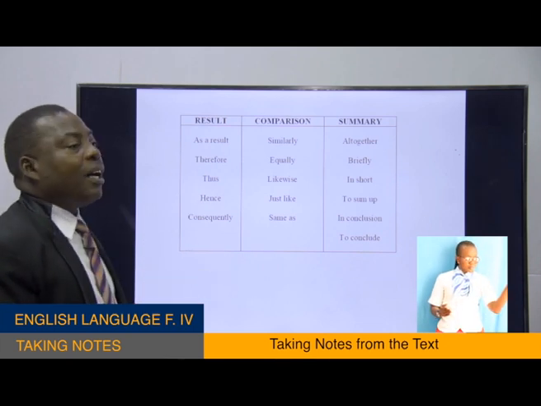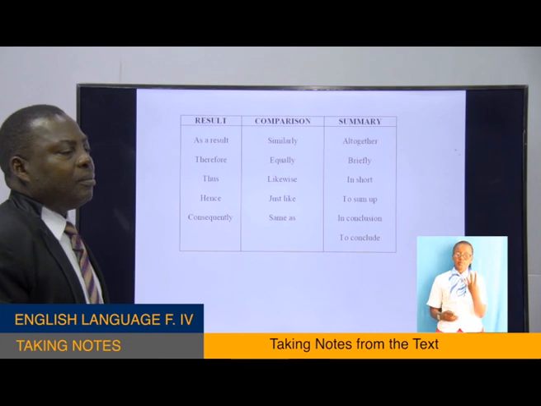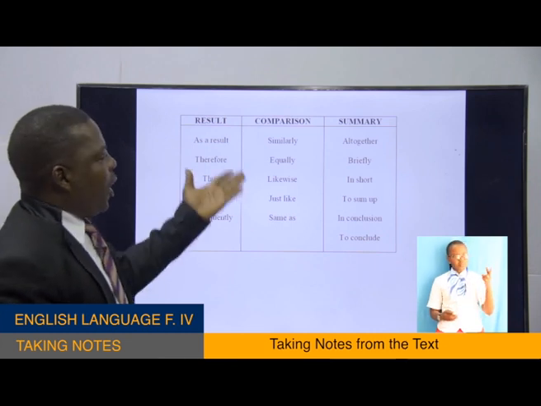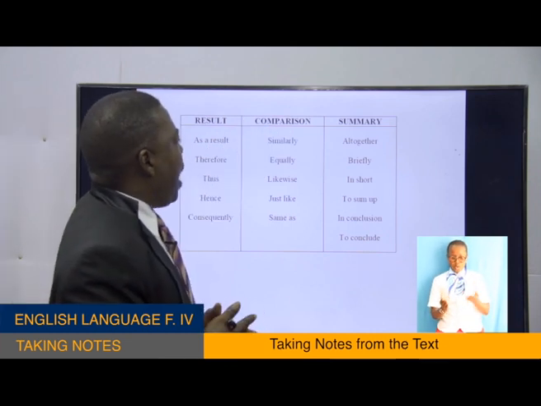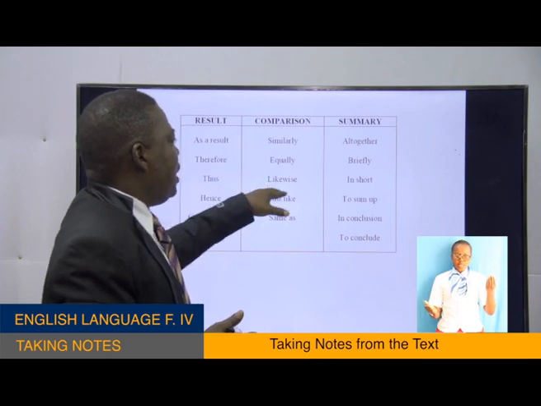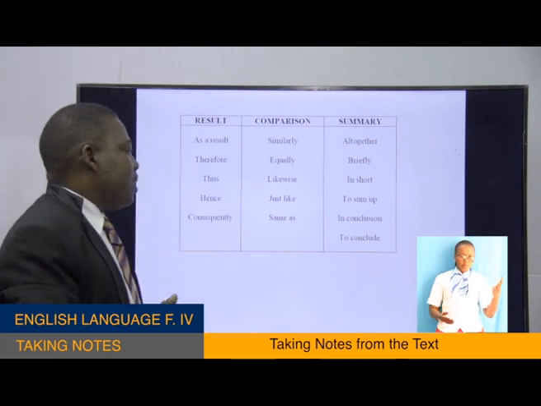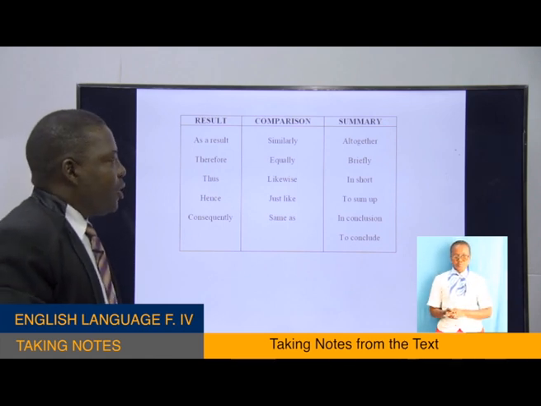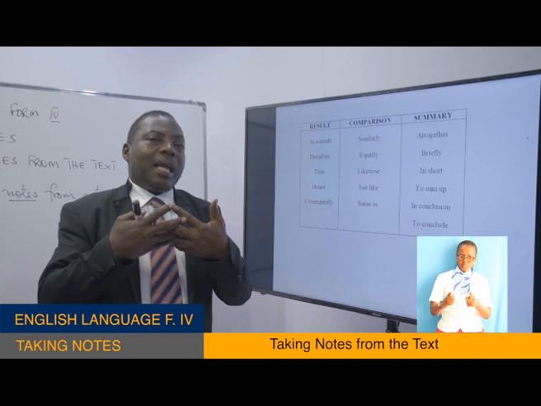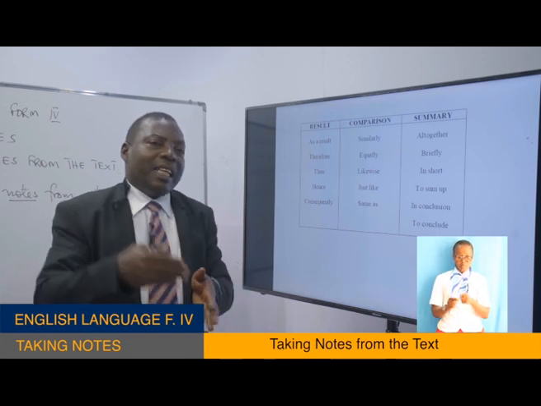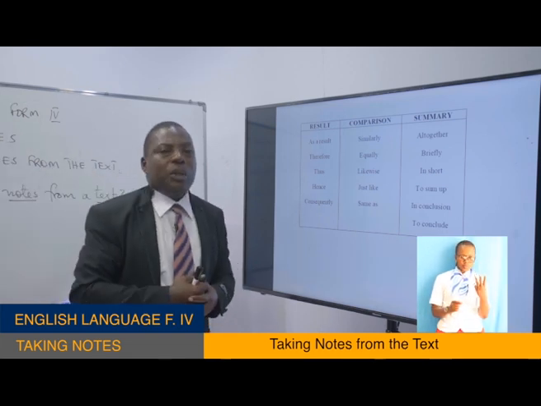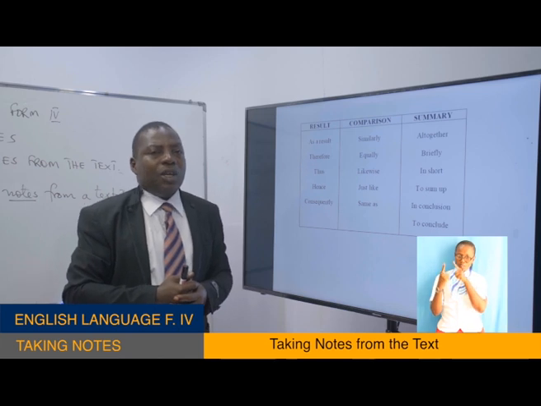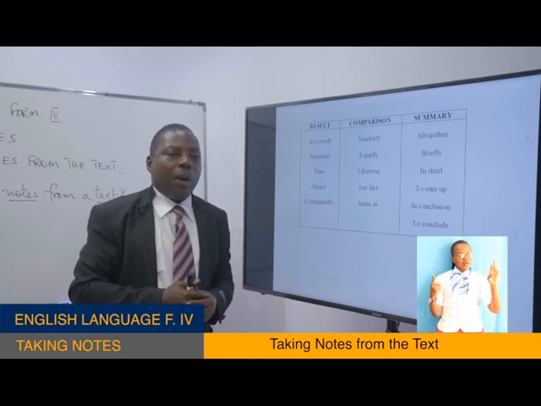They all fall under results. Under comparison, you have words like similarly, equally, likewise, just like, same as. At this point, you talk about similarity, that what has been mentioned is similar to what is going to happen. So in that case, you don't see that as a new point.